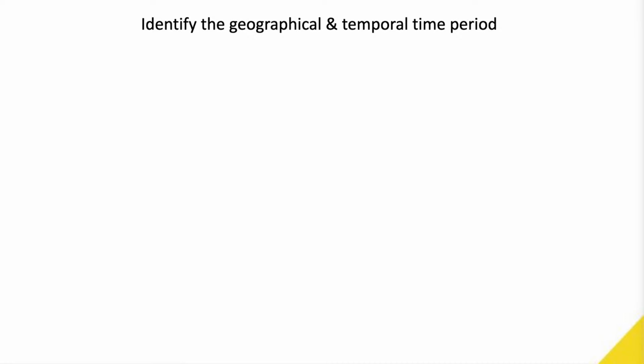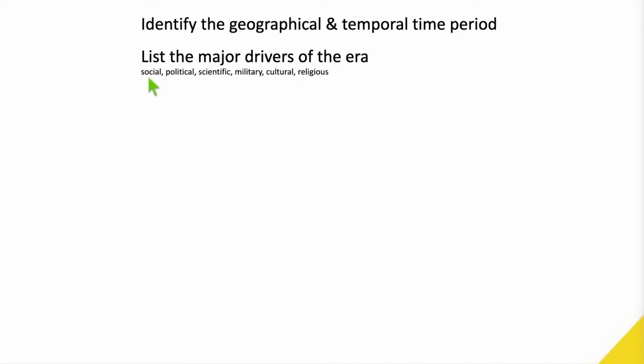So identify the geographical and temporal time period. That's the first thing. List major drivers of the era. And you were doing that: social, political, scientific, military, cultural, religious, whatever those may be. So if you go back to Mansa Musa, if you knew of his Hajj trip, then you would be looking for religious symbolisms in that picture.